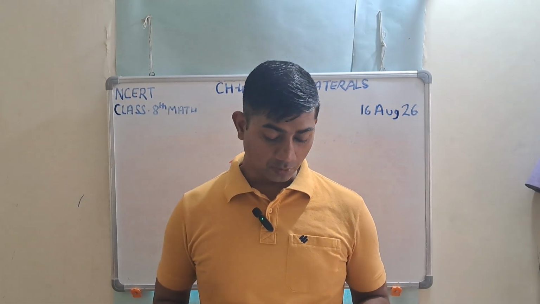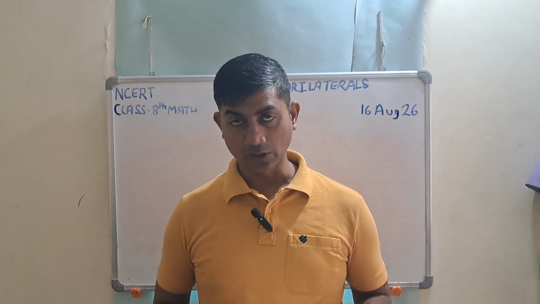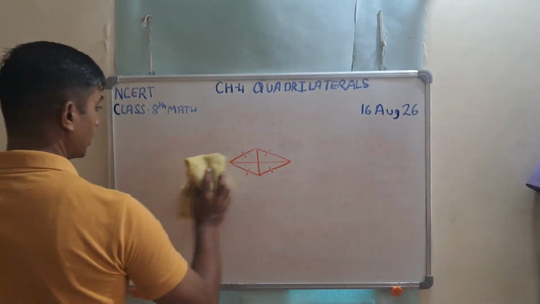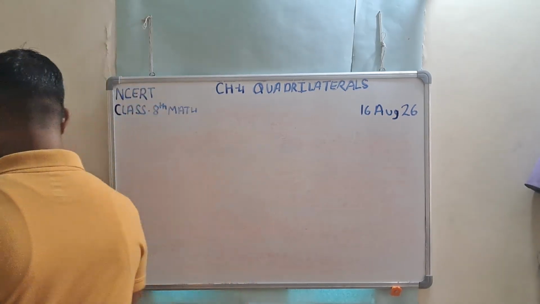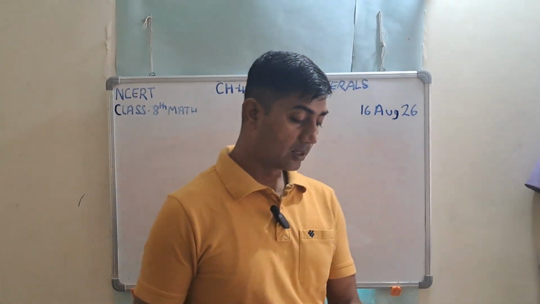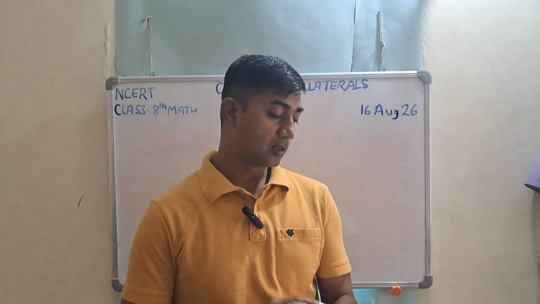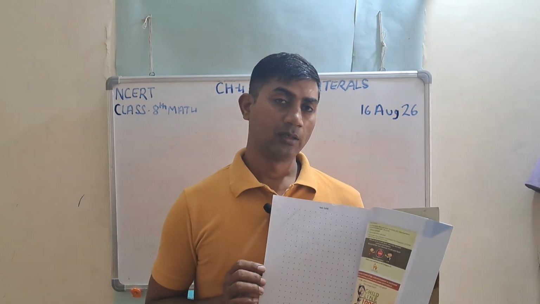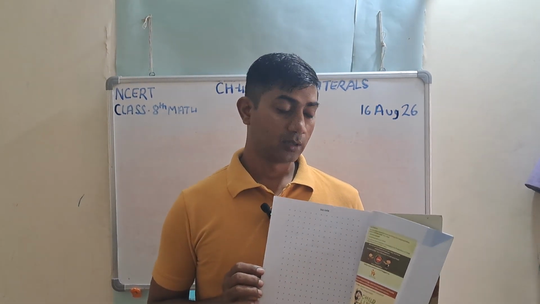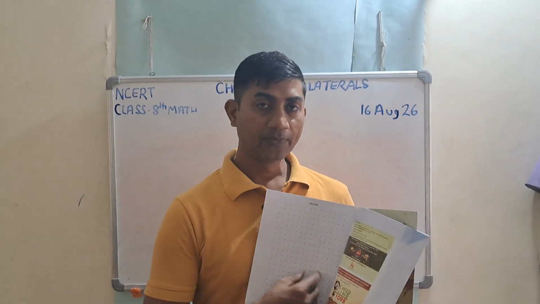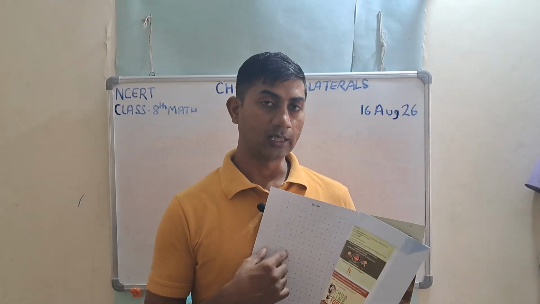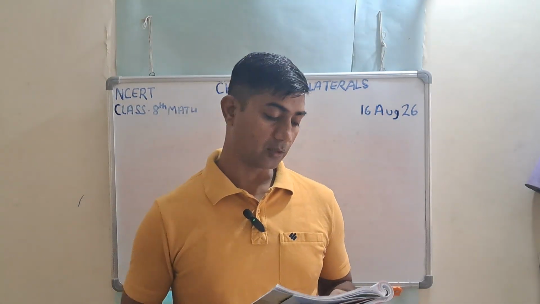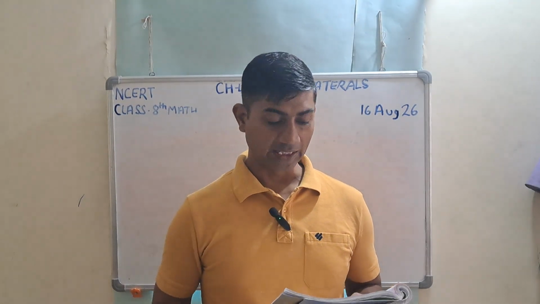If you don't have the geoboard, then you can make dots on your paper. Also you will see this dot grid is given at the last page of your book, and this type of figure you can draw, following the instructions given in 4.5, playing with the quadrilaterals.